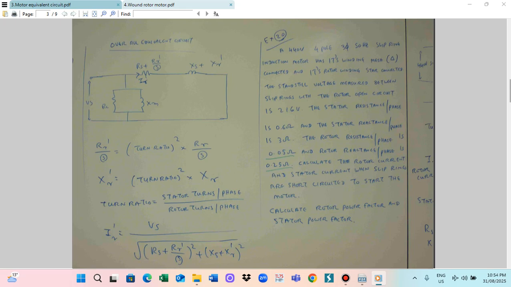Then you can calculate XR dash. So turns ratio you can calculate as the stator turns divided by rotor turns. So turns ratio: stator turns per phase divided by rotor turns per phase.